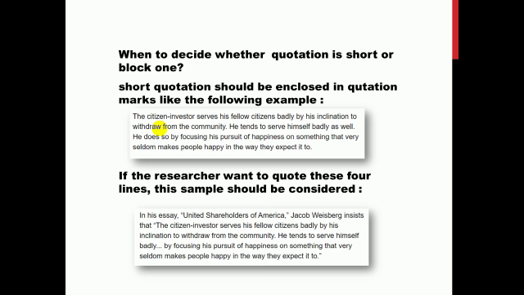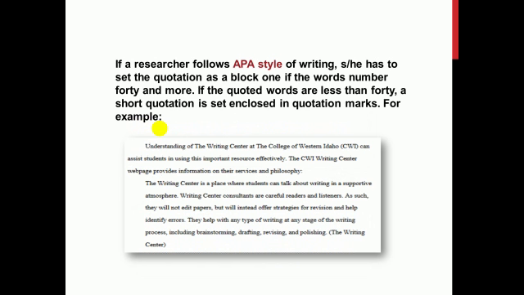So the number 40 is the deciding factor. You can see this one is the form of a block quotation because the number of its words is 40 or more. If a researcher follows APA style of writing, she or he has to set the quotation as a block if the words number 40 or more.